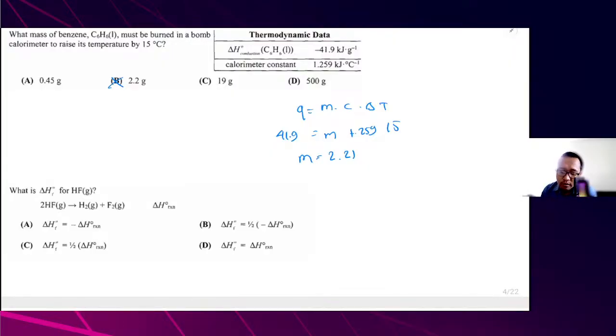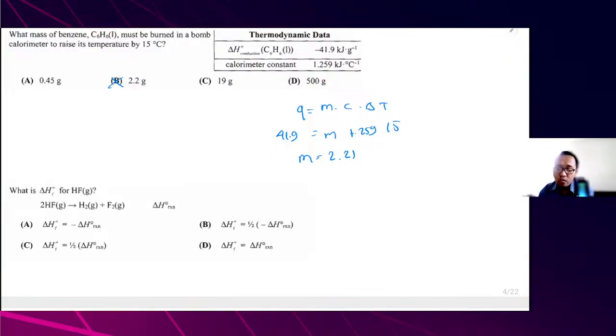All right. So now we want to go through another question. Just remember the q = mcΔT that we already did. However, this is just to simplify the problem.